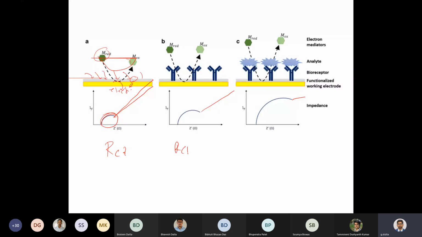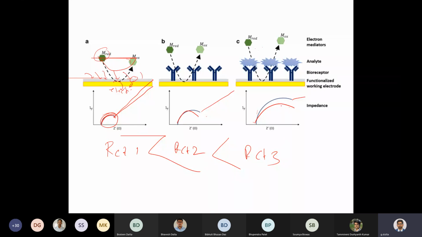So again, here RCT2, here RCT1, here RCT3. See, as this is increasing, this one is bigger and this is the biggest, right? So basically RCT is increasing. If you are increasing, here the protein, so just one antibody you immobilize, the RCT increases. Then you add the target, so basically they are hindering the electron transfer.